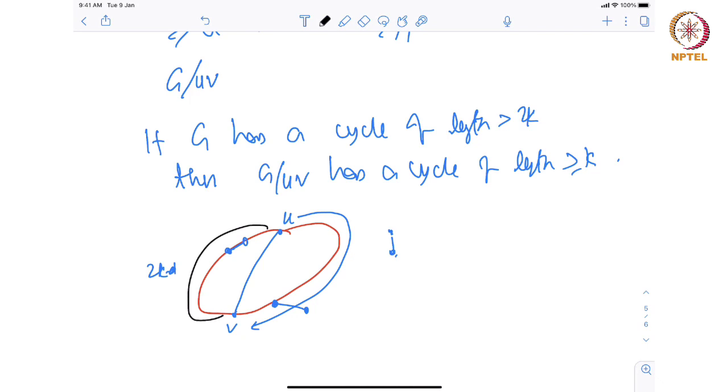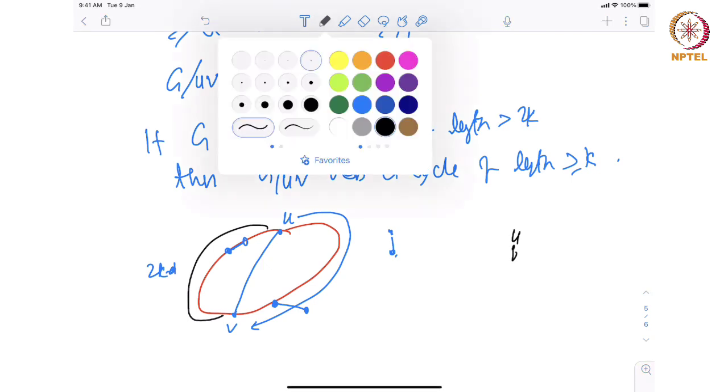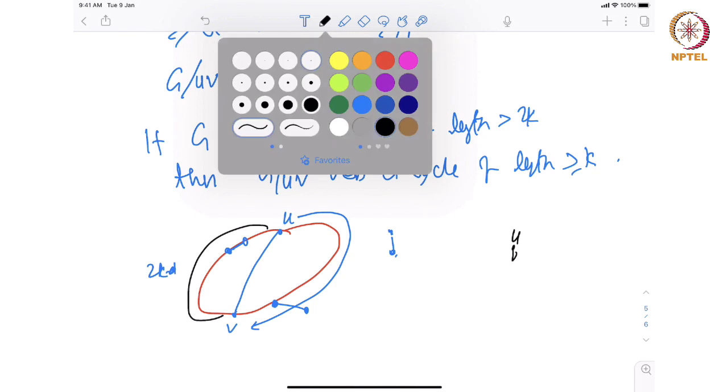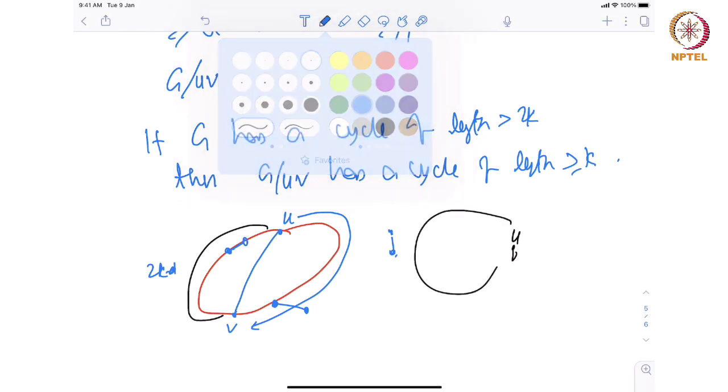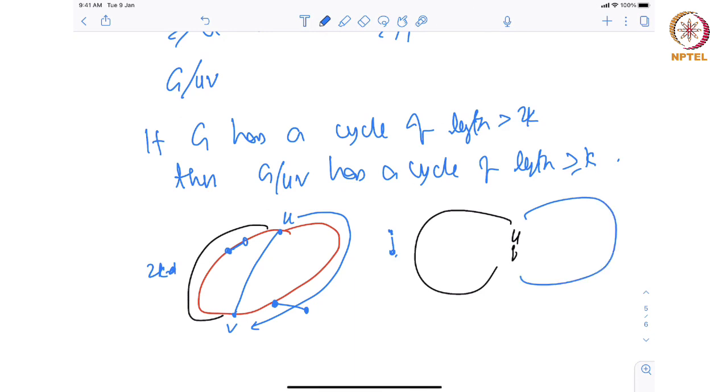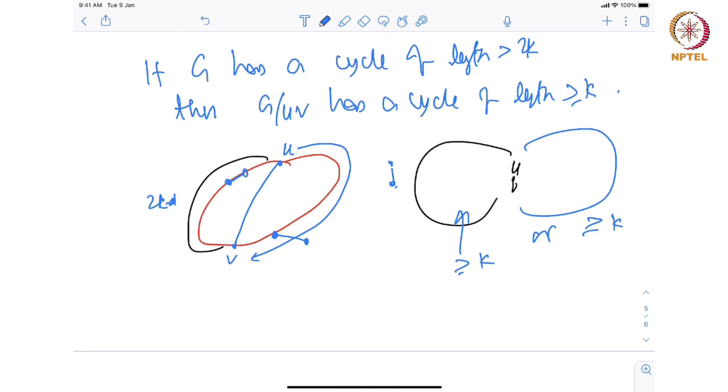The picture will look like uv identified, a black cycle and a blue cycle. Because both together their length was more than 2k, either the black cycle has length greater than or equal to k, or the blue cycle has. So, now you have shown that if G has a cycle of length at least 2k, then G contracted uv has a cycle of length at least k.